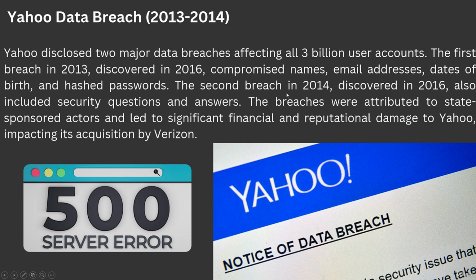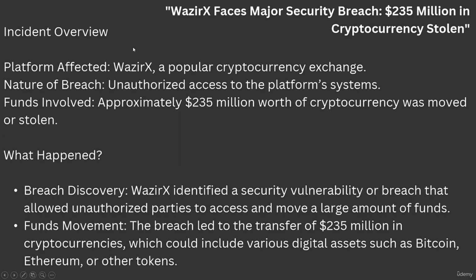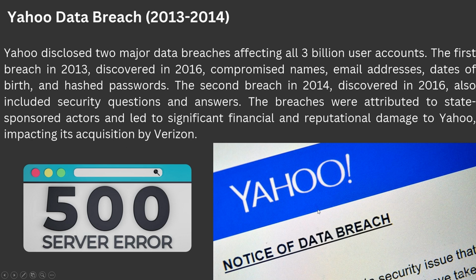The second breach in 2014, which was discovered in 2016, also included security questions and answers. The breaches were attributed to state-sponsored actors and led to significant financial and reputational damage to Yahoo, impacting its acquisition. So you can take a look at the notice of data breach.